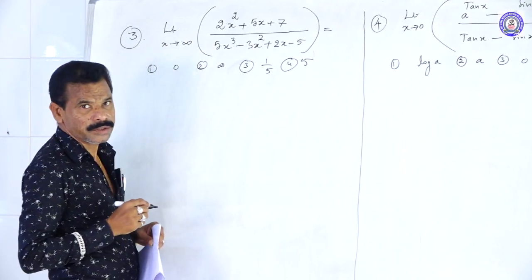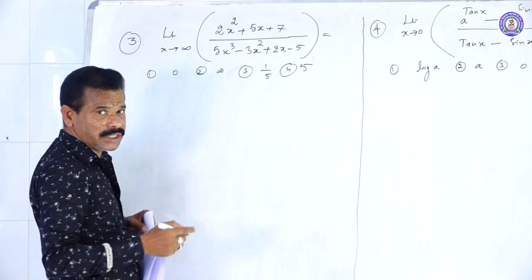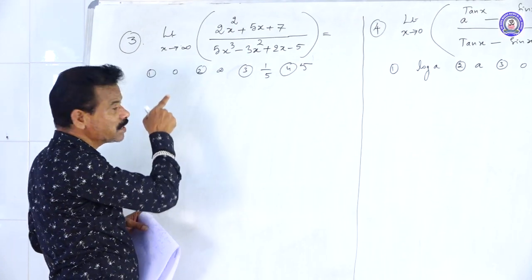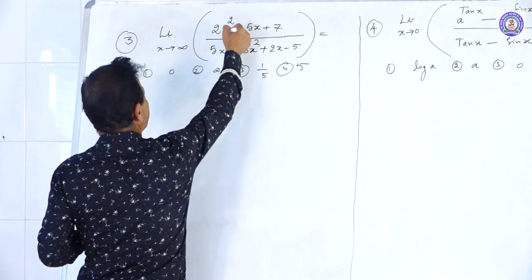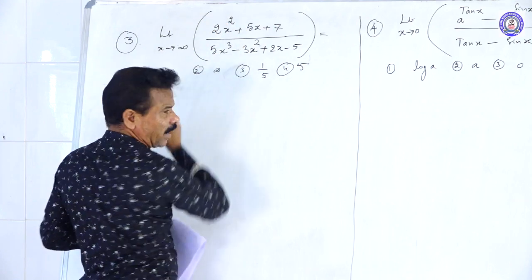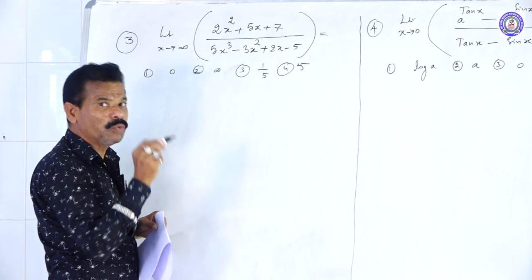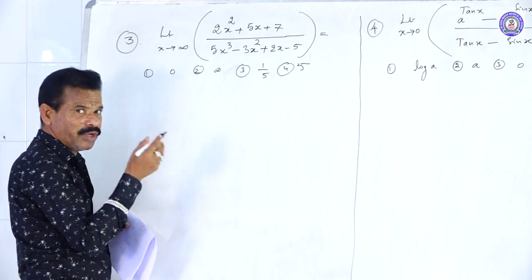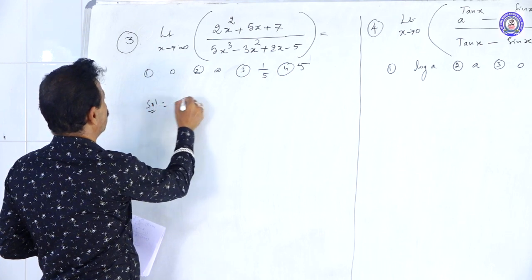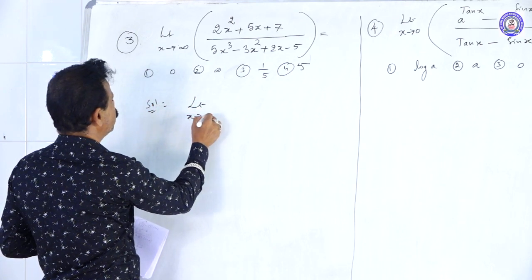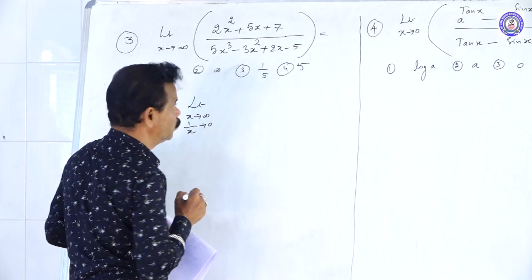In this case, the numerator power is lesser and the denominator power is more. So in the numerator, x square is common, and in the denominator, x cube is common. Every time, take the highest power common. As x tends to infinity, 1 by x tends to 0.